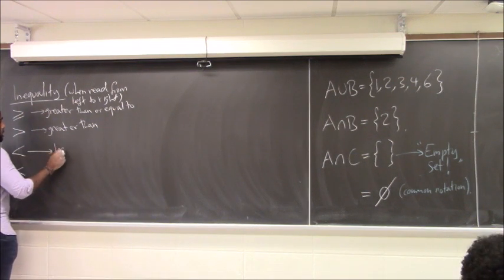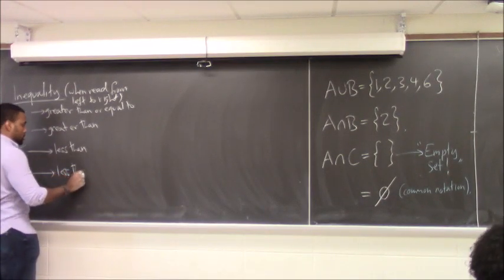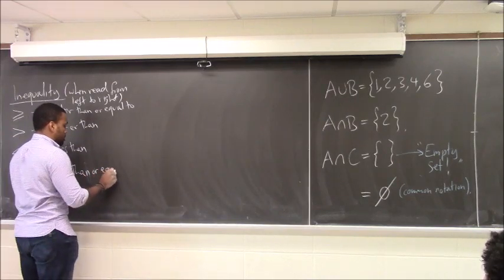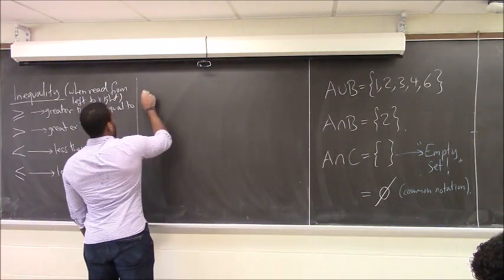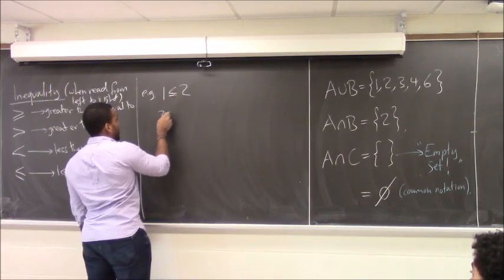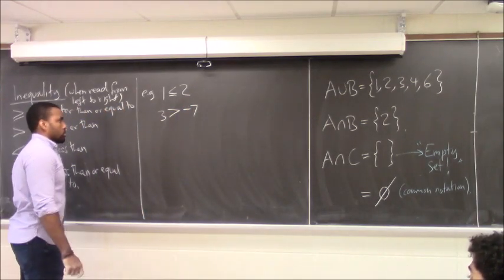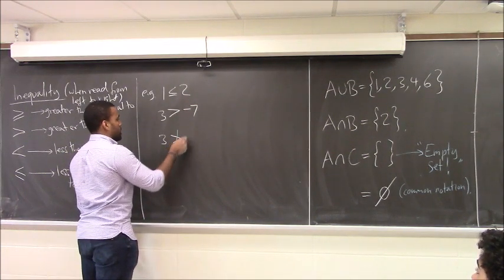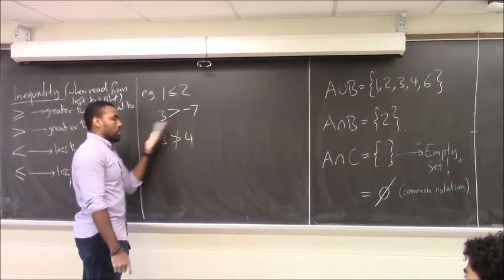This means less than. This means less than or equal to. So for example, I can say 1 is less than or equal to 2, which is true. I can say 3 is greater than minus 7, that's true. Technically, you can even say something like 3 is not greater than 4, but that's very rare. They would just not make the statement in the first place.